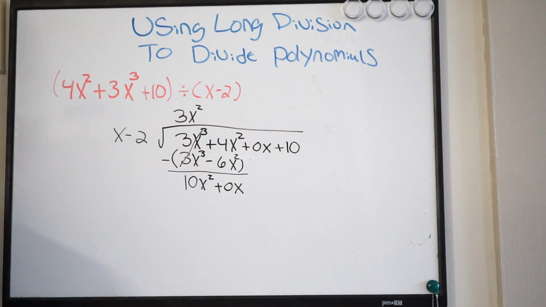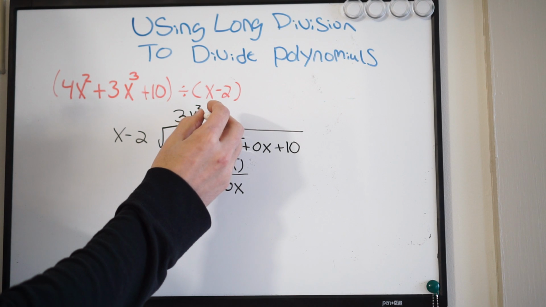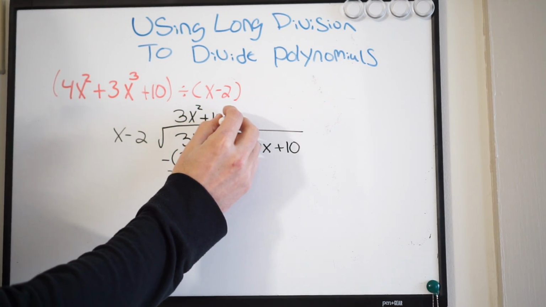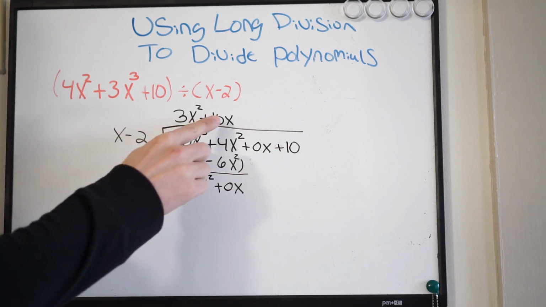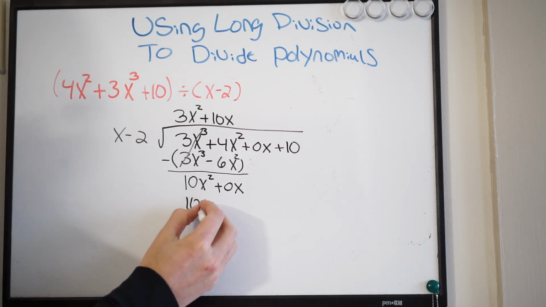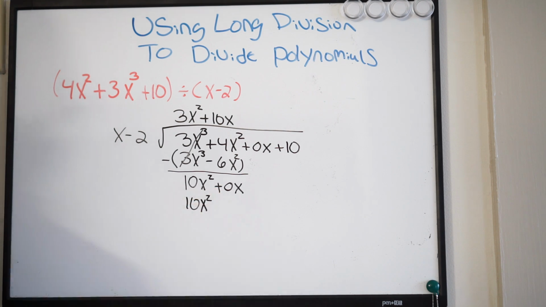And let's go back up here again and figure out what we need to multiply by. Well, it looks like it's going to be plus 10x. 10x times x, well, that's just going to be 10x squared.